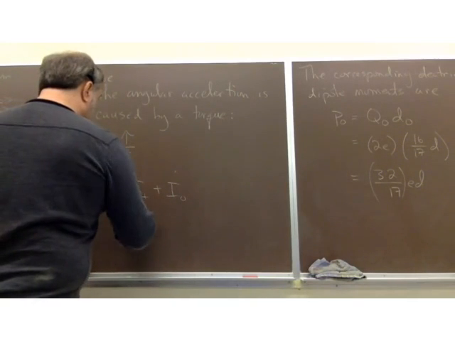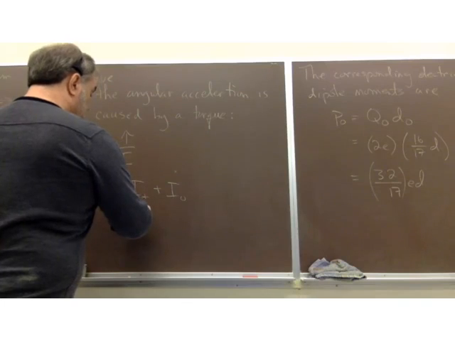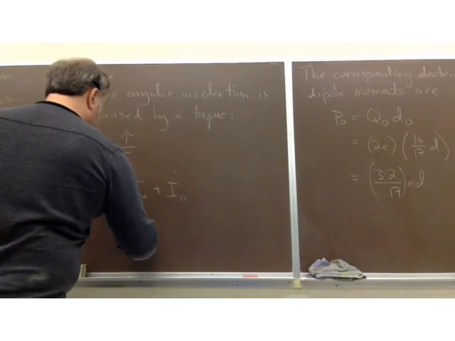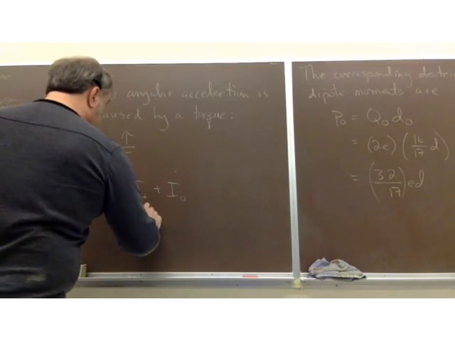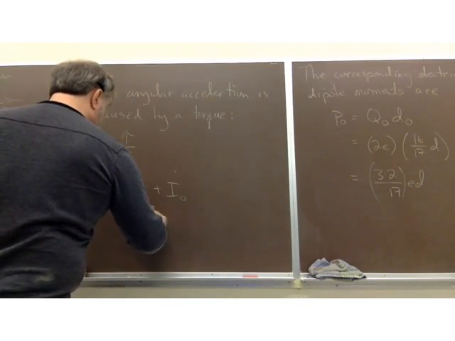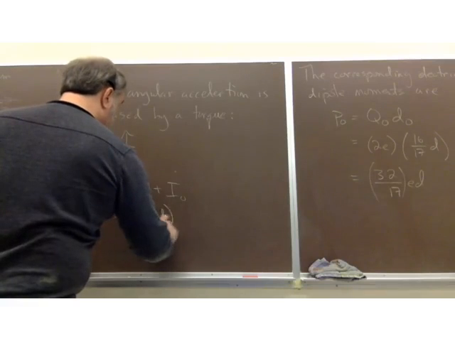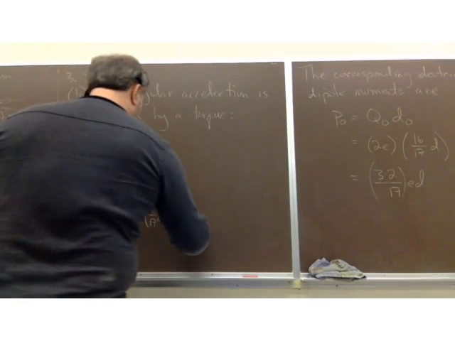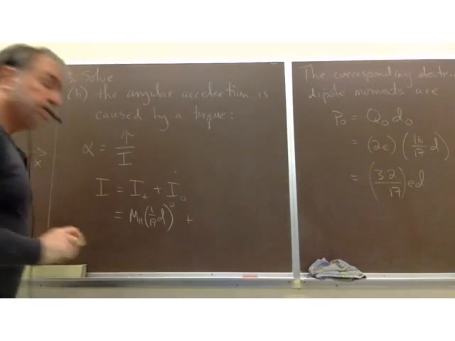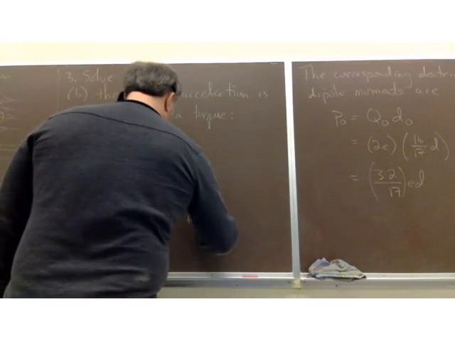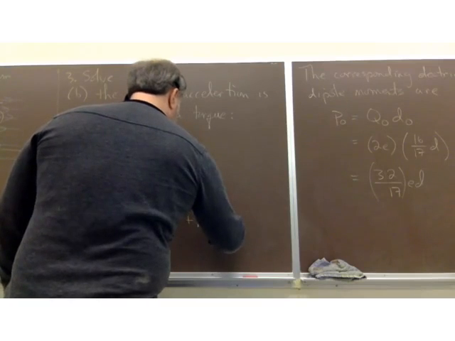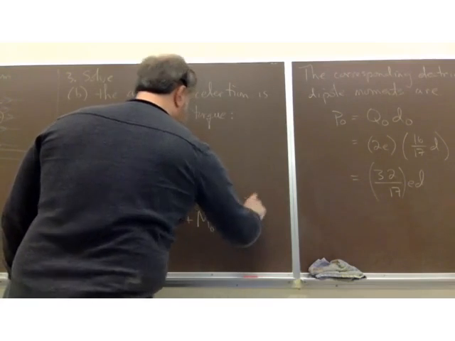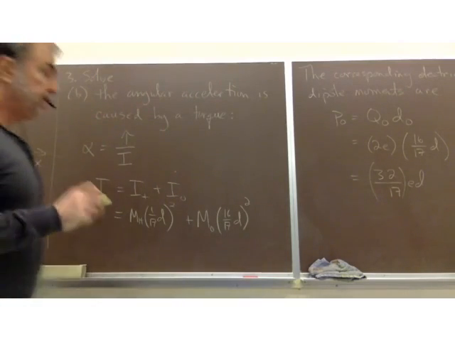So for the hydrogen, that's going to be the mass of the hydrogen multiplied by its moment arm, which we determined already is 1 over 17 d, and that's going to be squared. Meanwhile, for the oxygen, that's going to be the mass of the oxygen times 16 over 17 d, also squared. Okay?